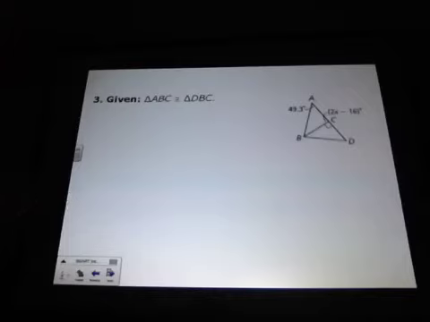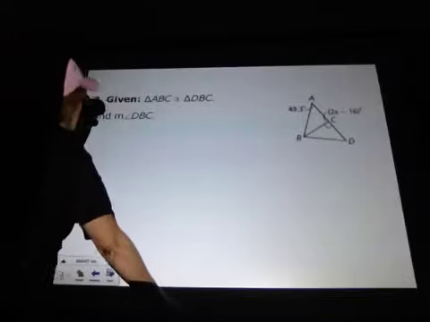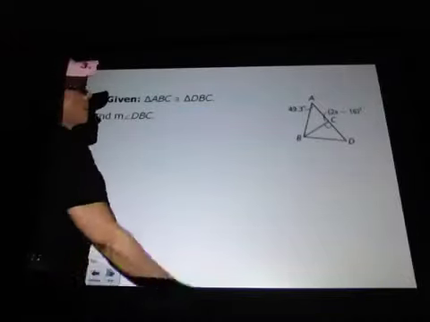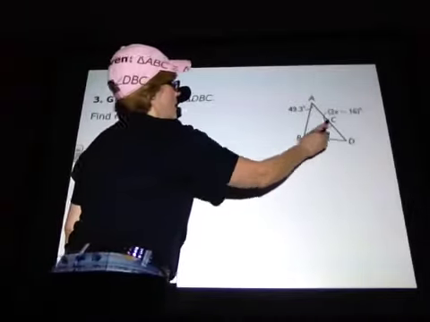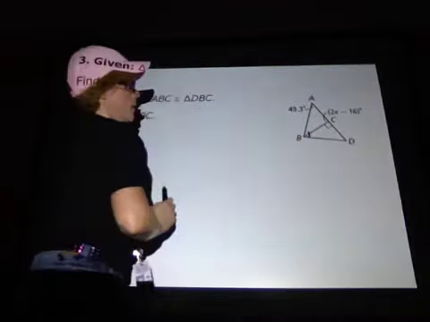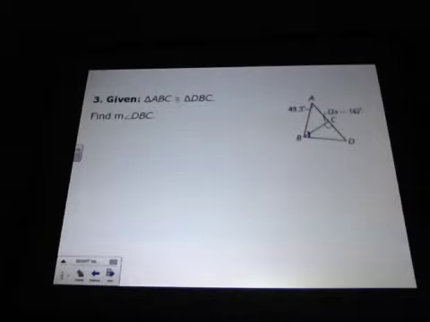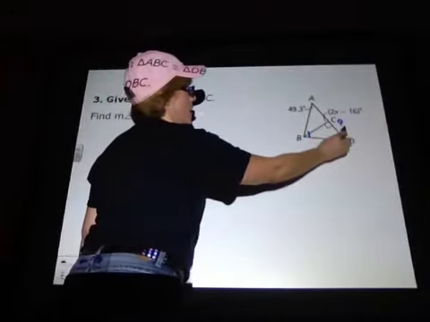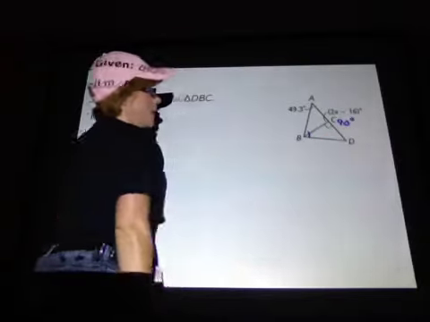Okay, we've got the two triangles that are congruent by your statement. This is the exact same diagram. Now we're going to find an angle measure. We want to find the measure of angle DBC. We're looking for this angle right here. Well, we've got this measurement as 90 degrees because of the marking.